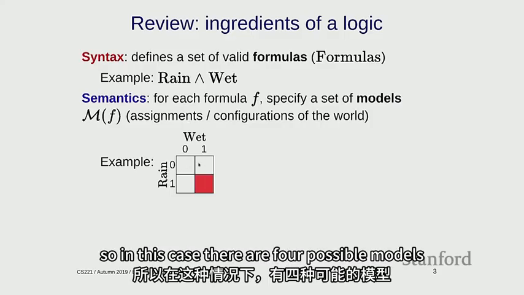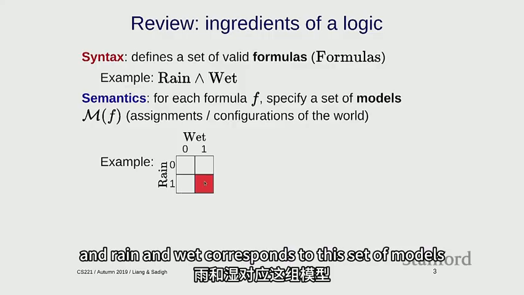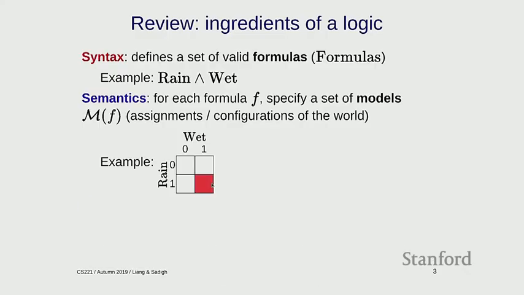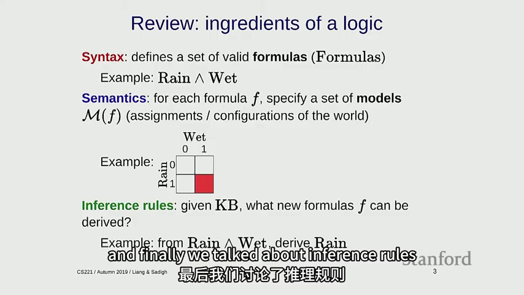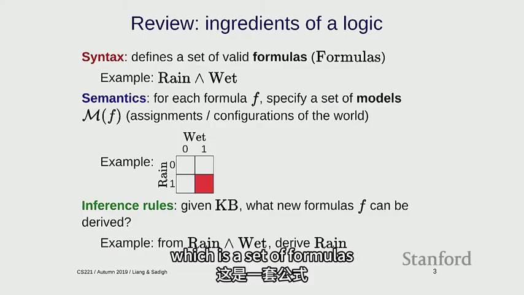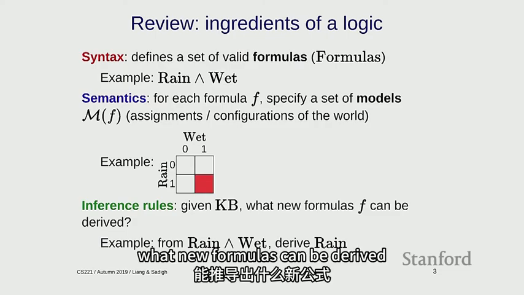So in this case, there are 4 possible models, and rain and wet corresponds to this set of models, which are in red here, where it's raining and wet. And finally, we talked about inference rules, where if you have a knowledge base, which is a set of formulas, what new formulas can be derived?